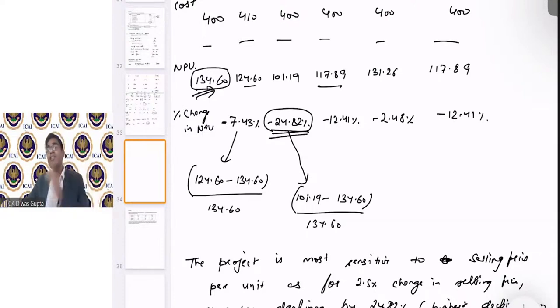Think what impact it will have on the output. So if you increase the initial investment, then only it will have an adverse impact on the NPV. Okay. Similarly, if your fixed cost and variable cost all increase, then only you will have a negative impact on your NPV. Okay.